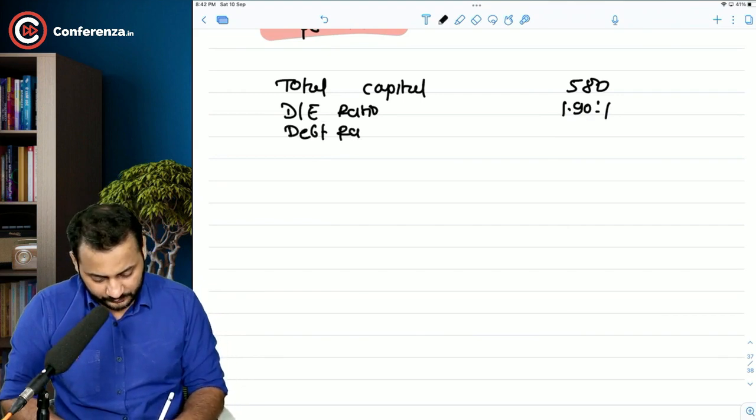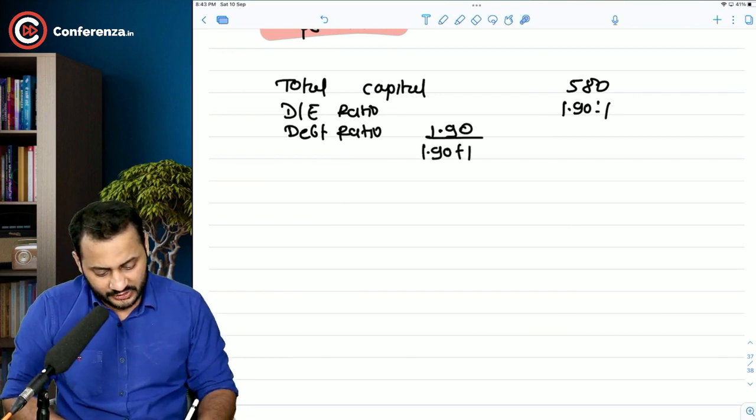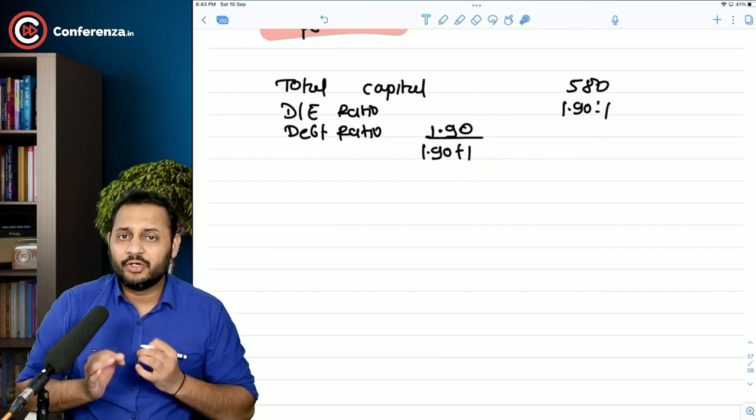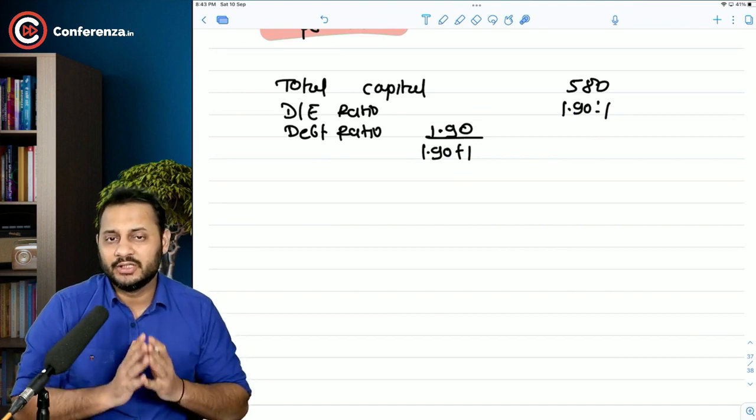Debt ratio will be 1.9 divided by 1.9 plus 1. So this is debt, this is equity. Out of every 2.90 of the capital, 1.90 should be the debt.